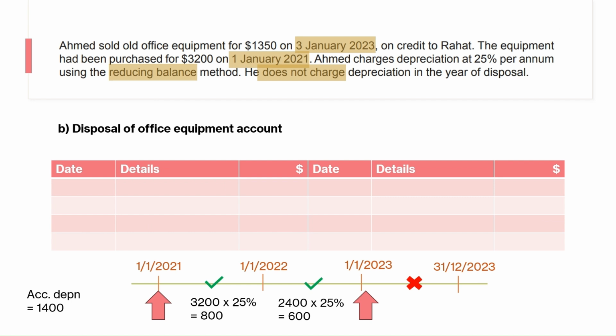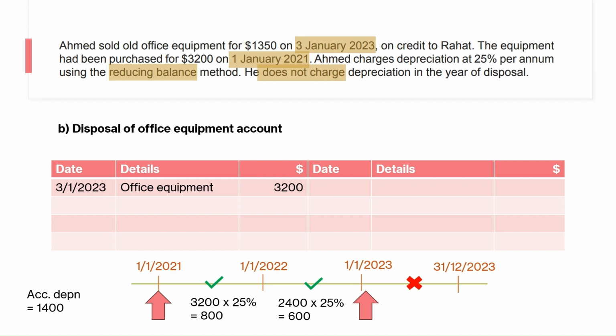Right. So we have the values here. We know the accumulated depreciation and all that. Now we have to enter these values in the account. So the cost of the equipment should be removed from the office equipment account. So on the 3rd of January, saying office equipment, we will be debiting in the disposal account.